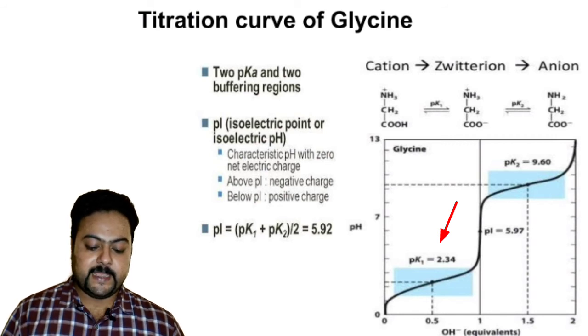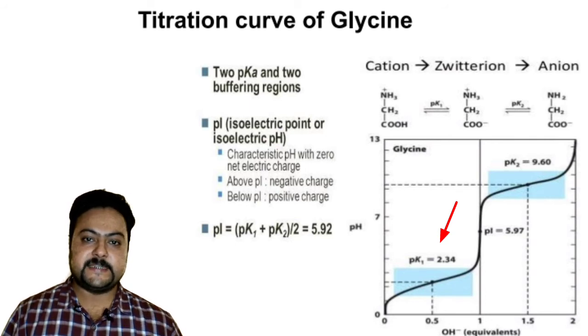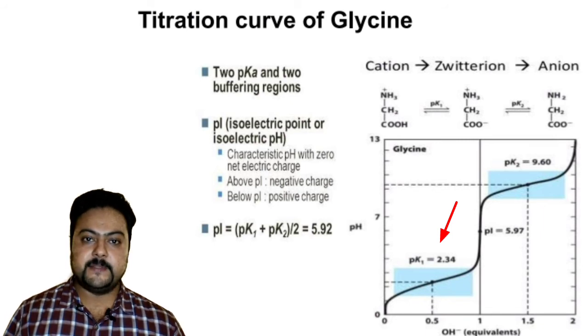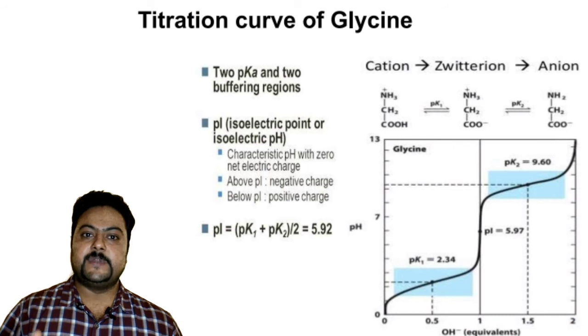So pKa is a measure of how effectively the carboxylic group of the amino acid is releasing the hydrogen atom. So at this point, it has got some buffering properties, and if we add more base, the pH of the system will not change.